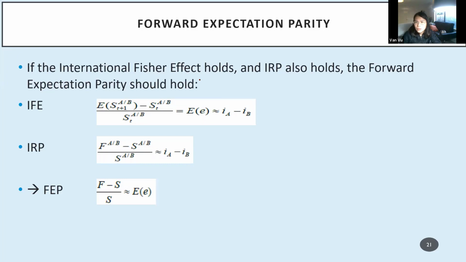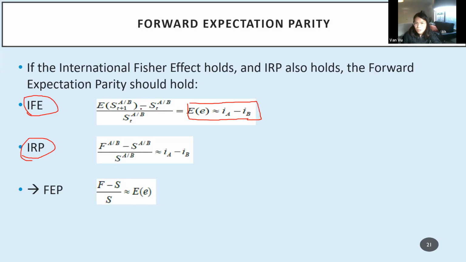If we assume that the international Fisher effect holds and the IRP, which is the interest rate parity, holds, then the forward expectation parity should also hold. This is the international Fisher effect, which is what we talked about before. The change in your exchange rate should be similar to the difference between the nominal interest rates between country A and B. This is IRP, and we're looking at the approximate form.